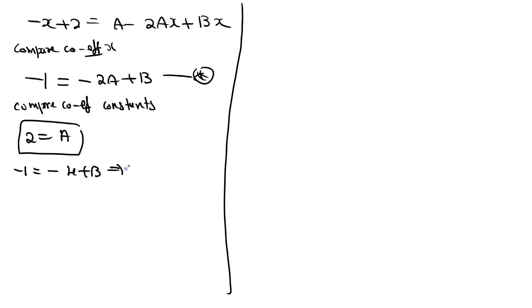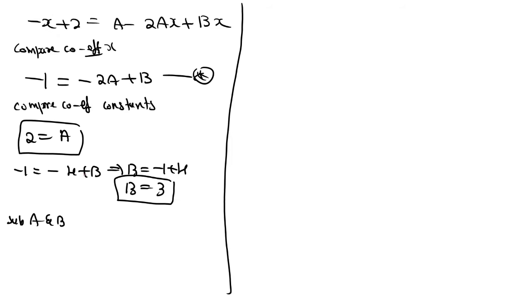This implies b value is equal to minus 1 plus 4, so b value is equal to 3. So a value is equal to 2 and b value is equal to 3. Substitute the a and b values.